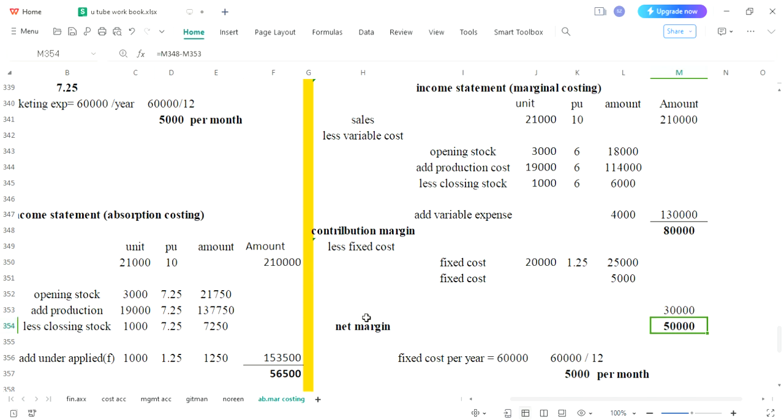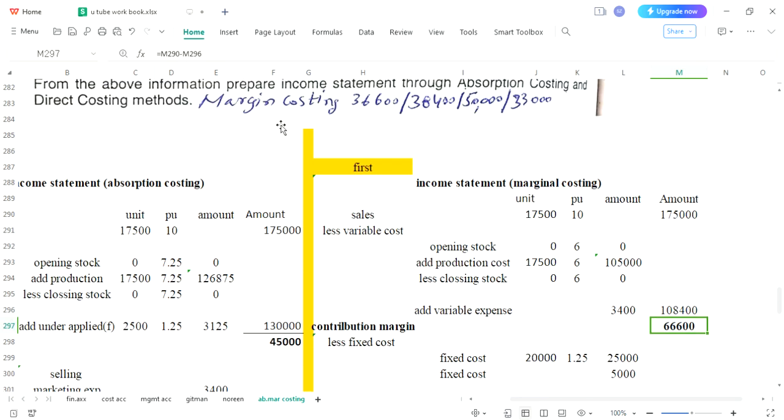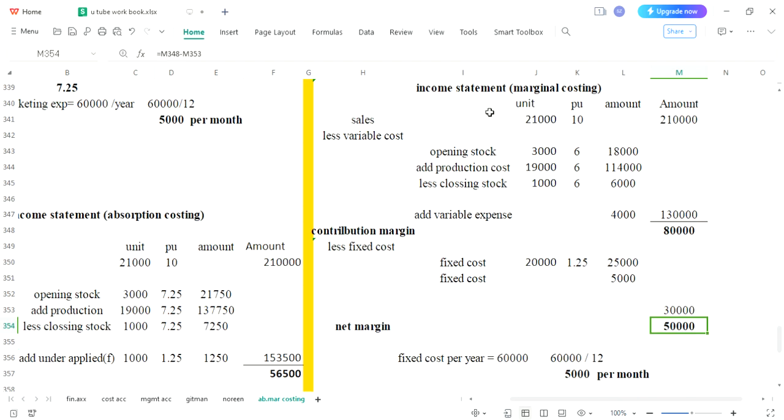So we have got third answer. This is net margin for third period. Marginal costing, third answer, and it is 50,000. And our answer is also 50,000. So it means we have completed third period marginal costing income statement.